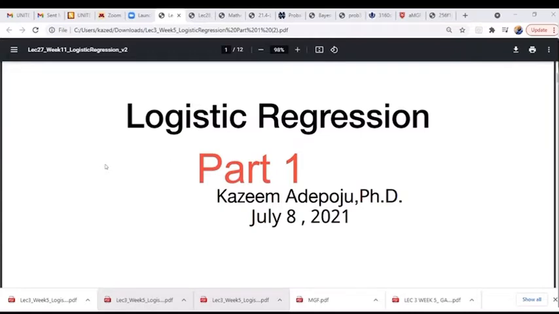At the beginning of the semester, we started what we call linear regression, a type of regression where we are assuming that the relationship among variables can be represented by a straight line, in such a way that we can predict a variable called the response from predictors.